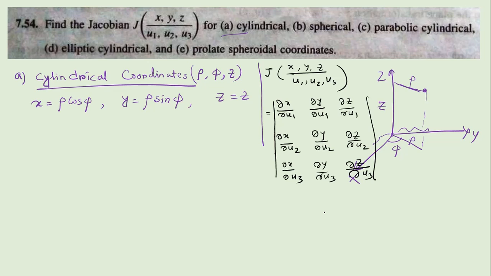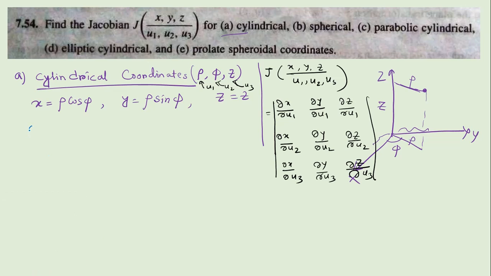Here u1 is rho, and u2 and u3 are phi and z, so we need to find these partial derivatives.